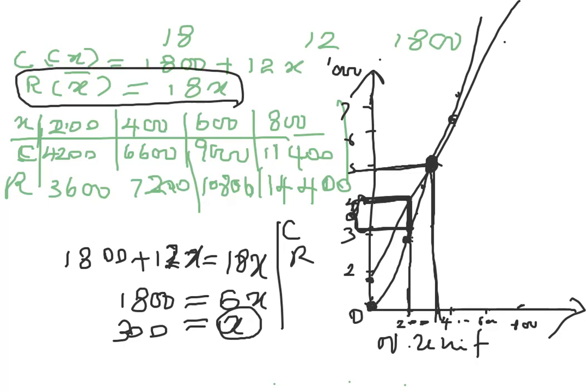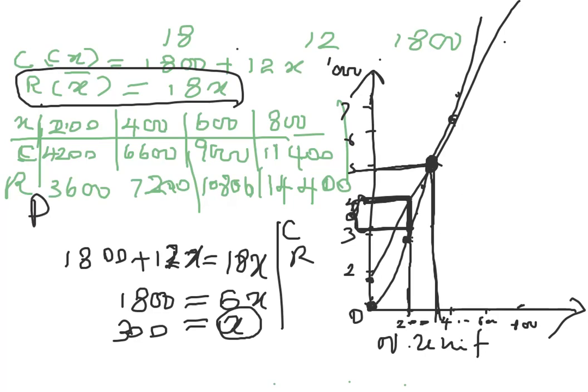Here it is asking for the profit, so we can find the profit function first by deducting the cost function from the revenue function.